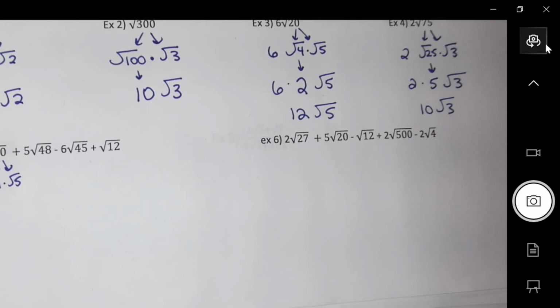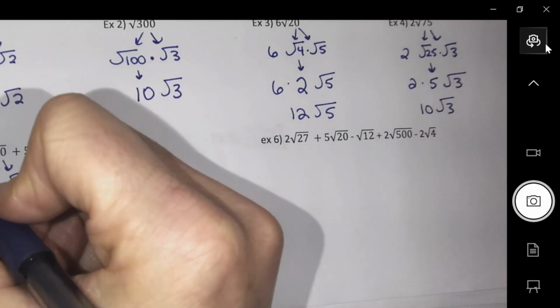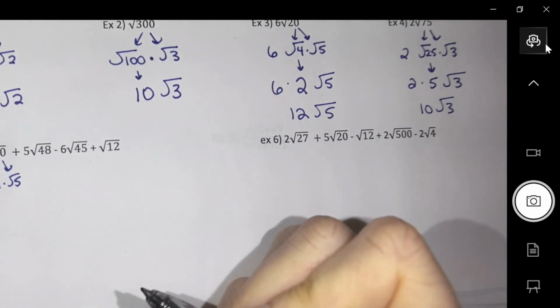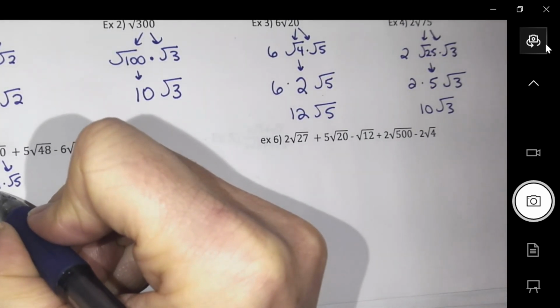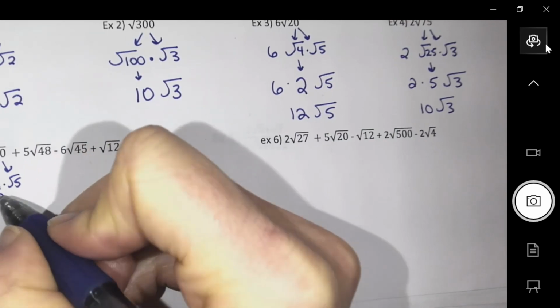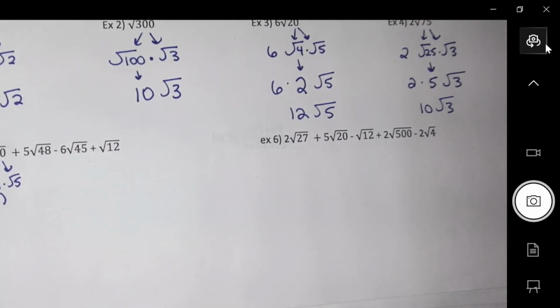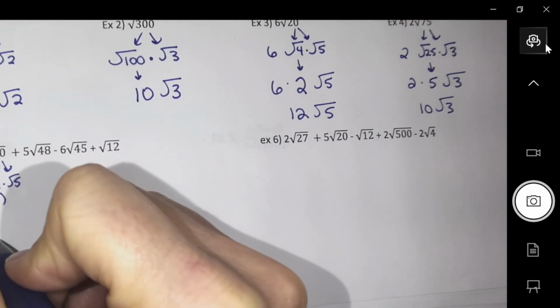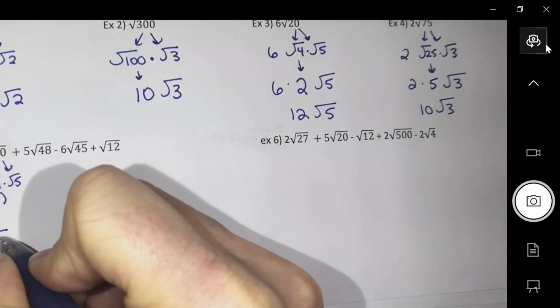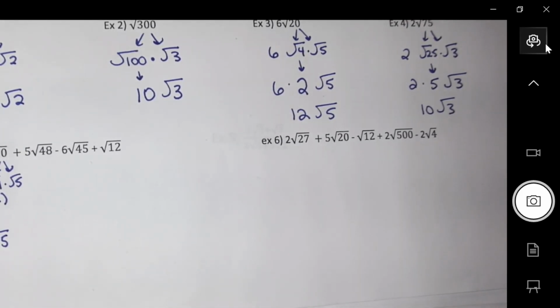It just makes it easier for your brain to just do the perfect square part first. Times a 3. This is a 2. So now that becomes 6 root 5.